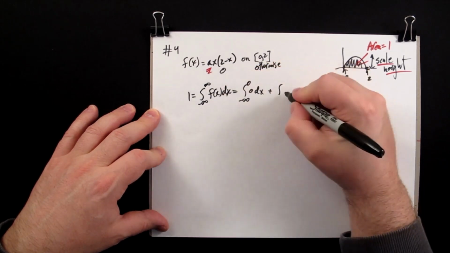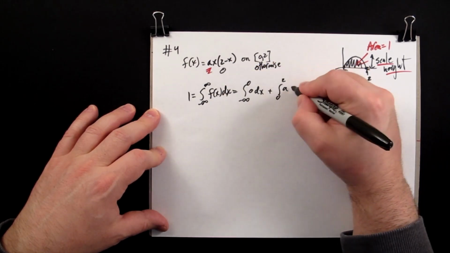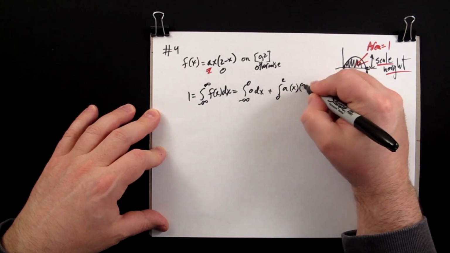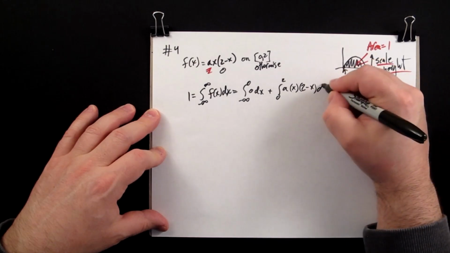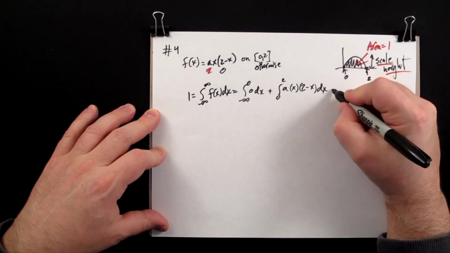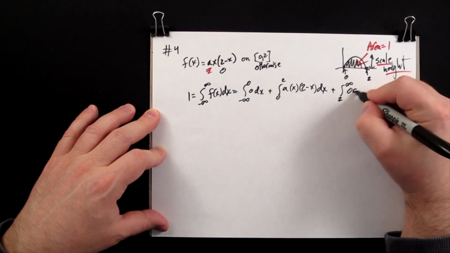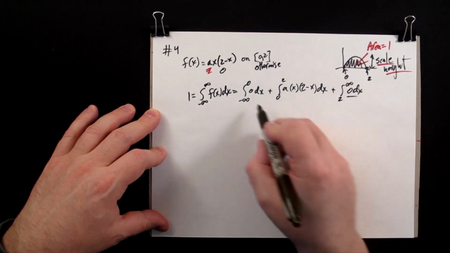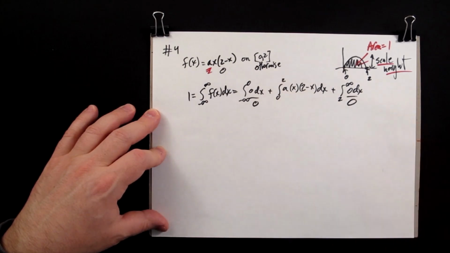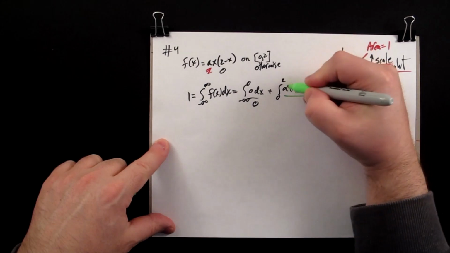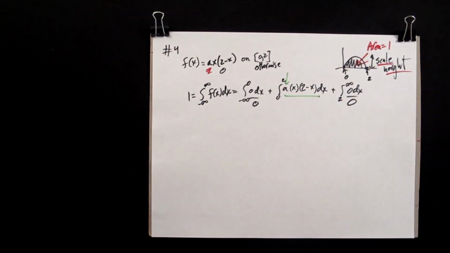We have this formula between 0 to 2, and then it shuts off after 2. So these two are both 0, and this is the one we need to be working with. And again, we're trying to find what a is to make it so that the total area comes out as 1.